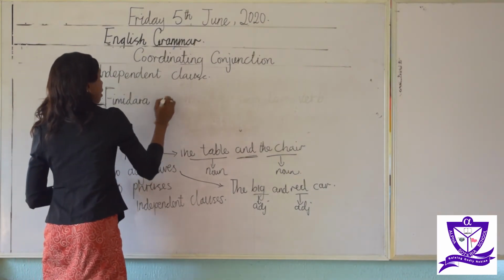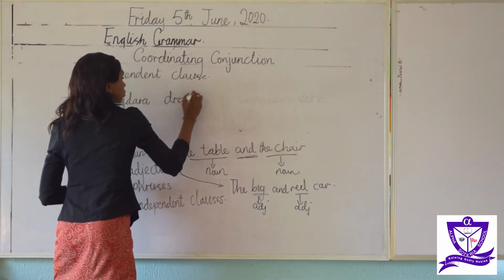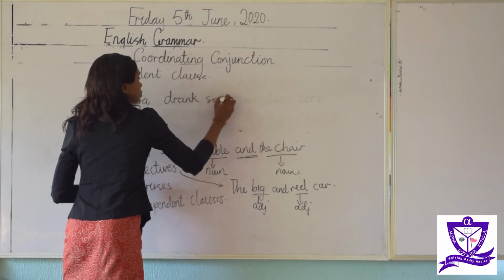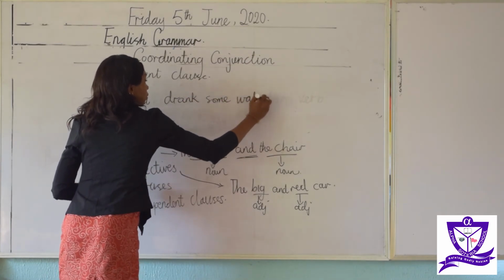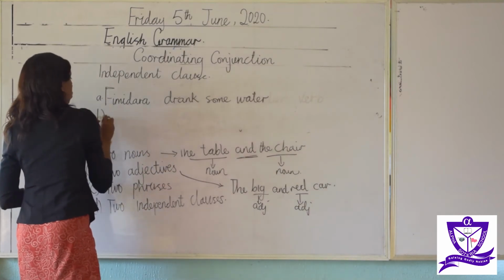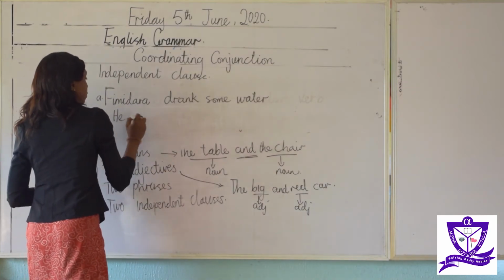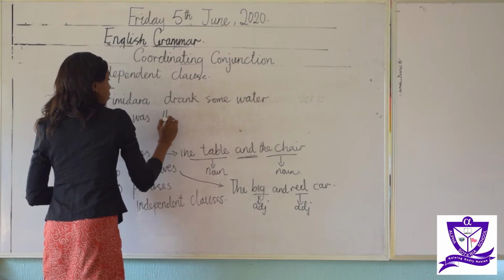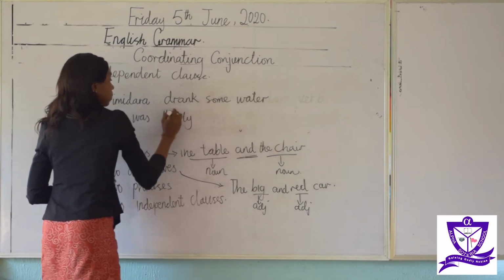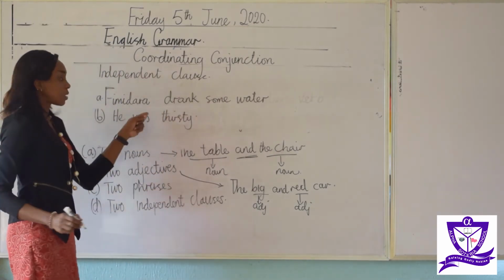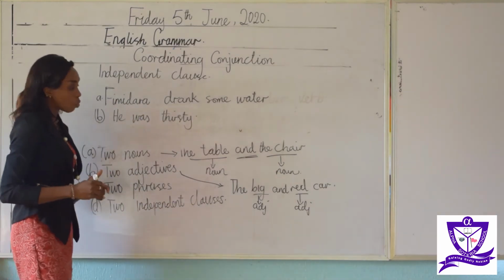We have A: Fimidara drank some water. Then the B is what? He was thirsty. Fimidara drank some water. He was thirsty.